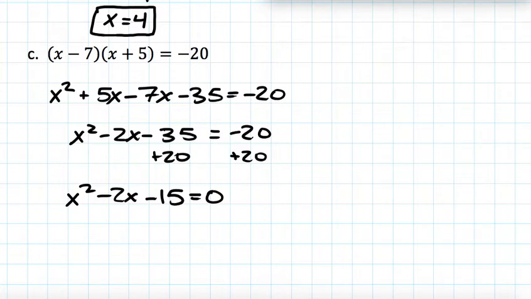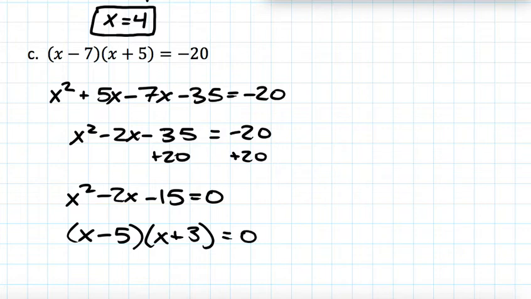So now that I have 0 on the right side, what I'm going to do is factor this. Notice I'm not going to get the same factors that I originally started with because my constant has changed. So now this is going to factor into x minus 5 times x plus 3, two numbers that multiply to negative 15 and add to negative 2.